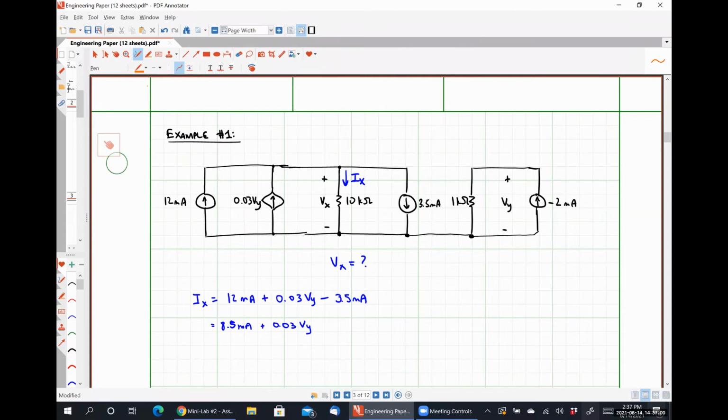Yes and no. If we applied KVL around that right-hand portion of the circuit, we would have negative Vy plus Vy is equal to 0, which doesn't tell us anything because that's just 0 is equal to 0.